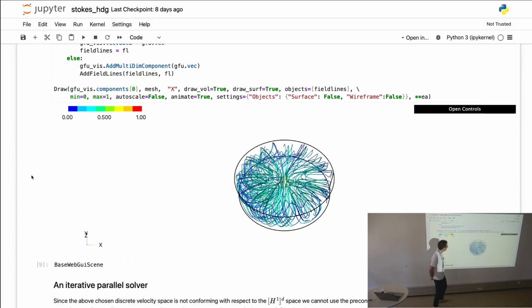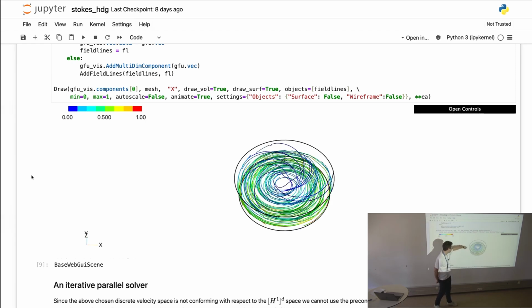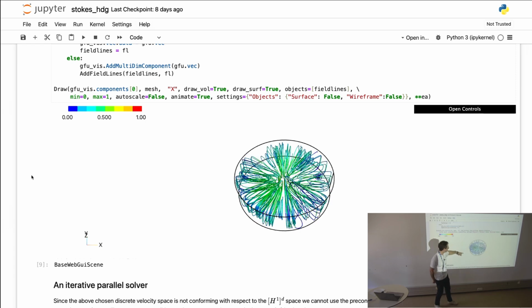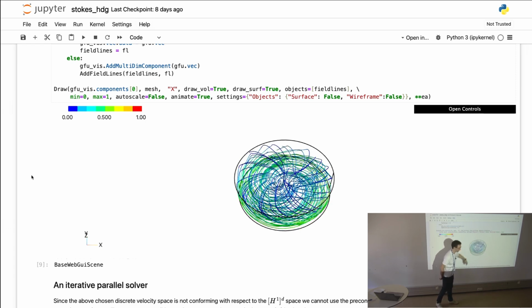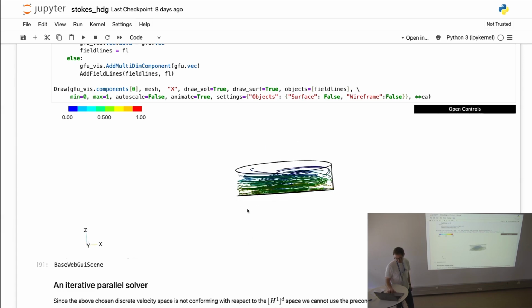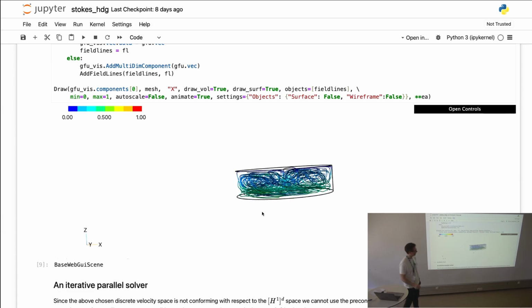At the beginning you see the circles in that direction, and then slowly it rotates as the force gets stronger and stronger. At the end you really see these circles that appear due to the force going down in the middle and up at the side.